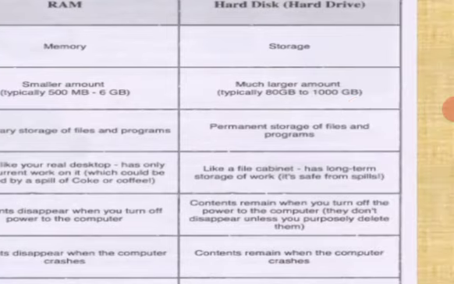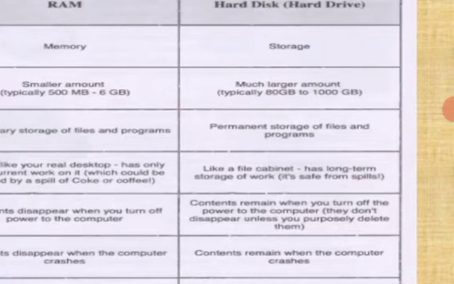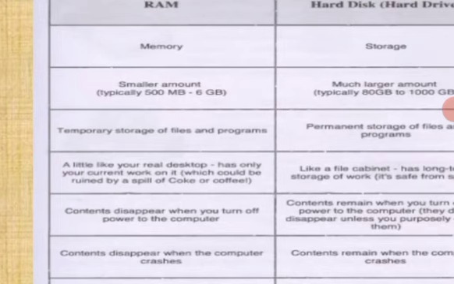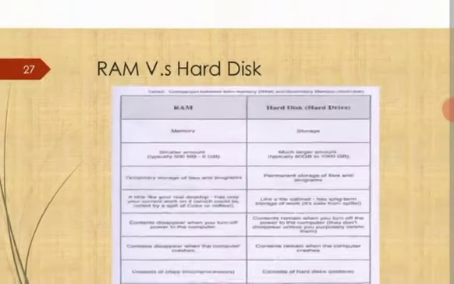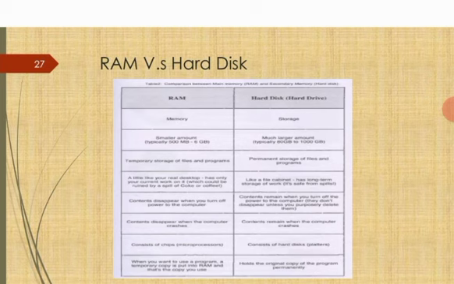A hard disk holds the original copy of the program, so that whenever you turn on the computer the next time, you can use it again. So that's just the difference between RAM and a hard disk.